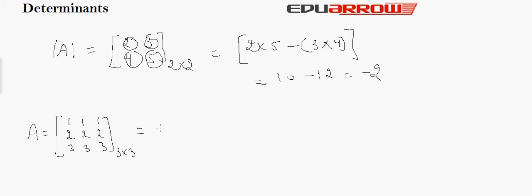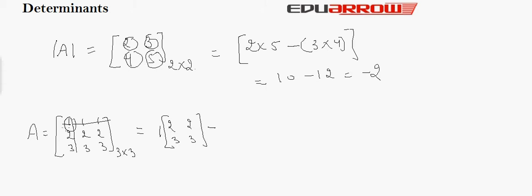If we are doing the expansion of the first row, firstly we will find out the common element of first row and first column, which is 1. That is this intersection this, which is 1. Now write out the remaining elements in the form of matrix, that is 2, 2, 3, 3. Now put out the minus sign.